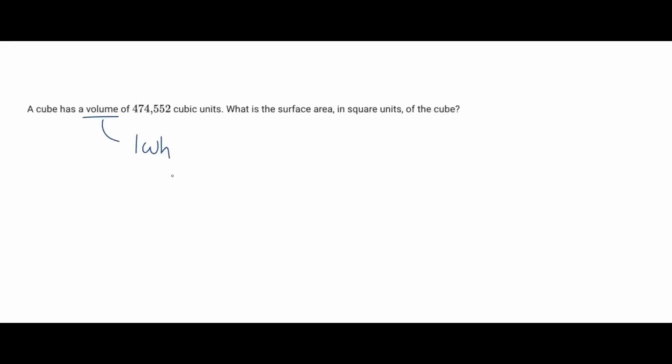And because of that, we know that the length has to be equal to the width, has to be equal to the height. And therefore, in order to find the actual value of the length, width, or height, what we can do is just take the cube root of the volume, which is going to be 474,552, and that will give us a value of 78, all right? So 78 is just the side length of each of the sides. And now we want to calculate the surface area. So for the surface area, we can just find the area of each side and then multiply by the number of sides.